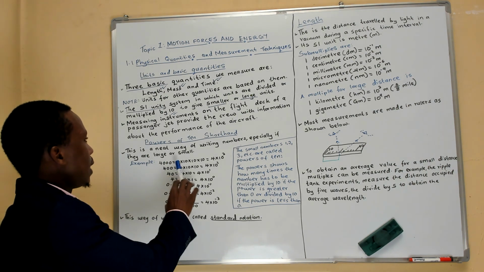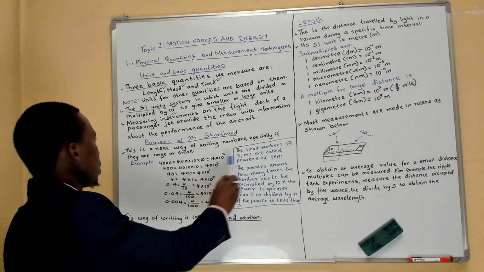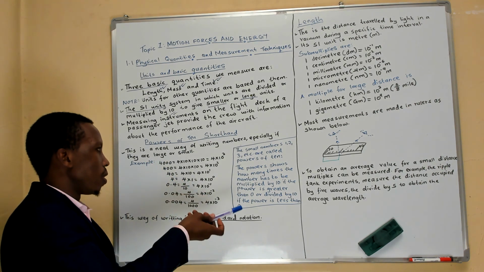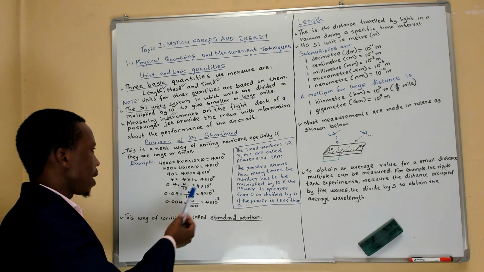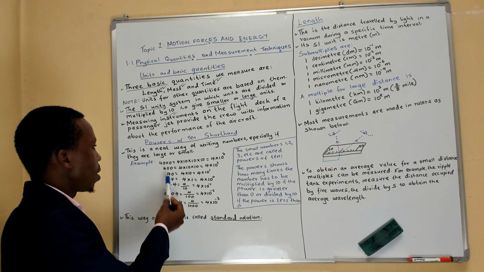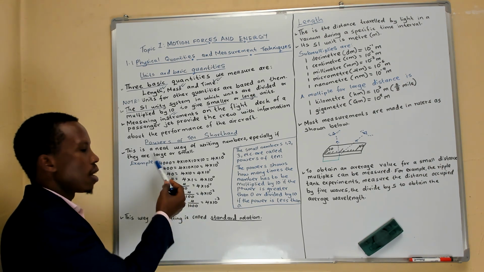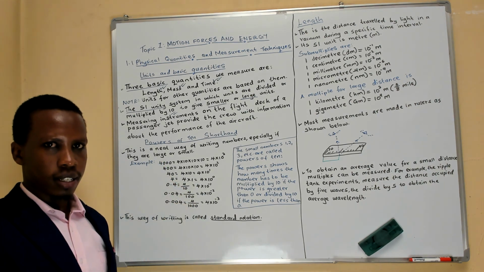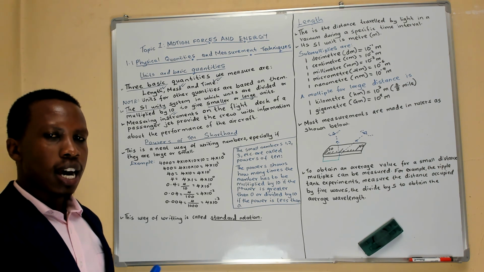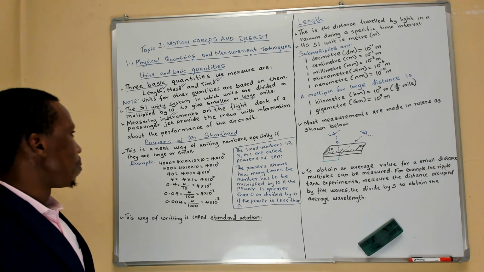So this is a neat way of writing numbers, especially if they are large or small. I've given examples here, and you're saying that instead of just writing your answers as 4,000, give your answer in standard form.